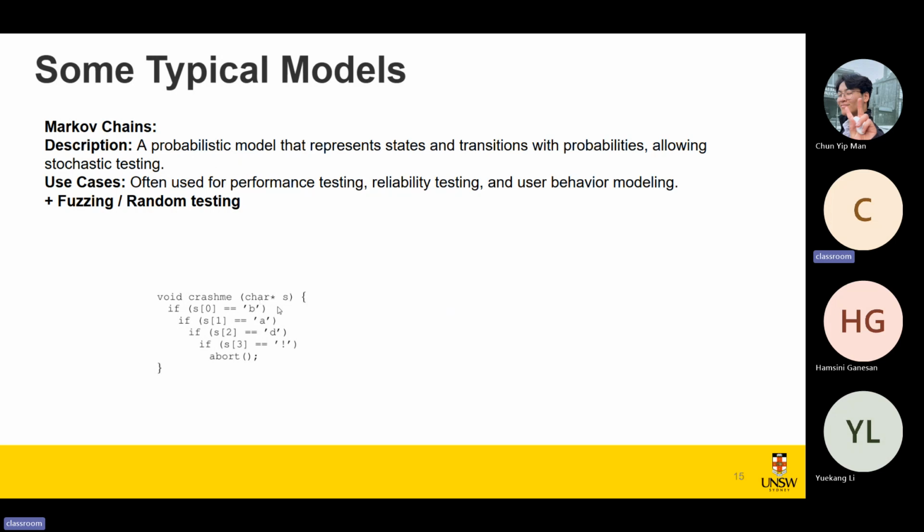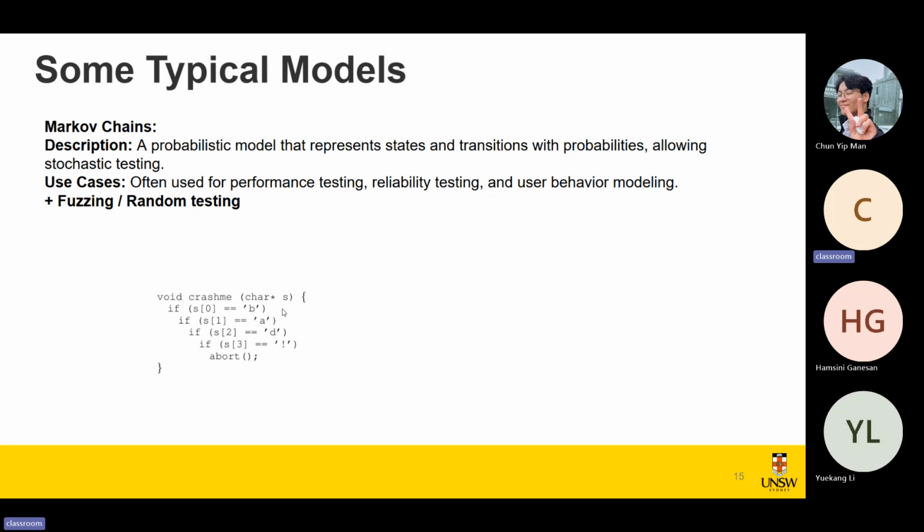The thing here is like this. Most of the time when we do random testing, we are feeding some random inputs into the program. And if we feed a random input into the program, whether we can reach a certain part of the program is actually related to some probability.